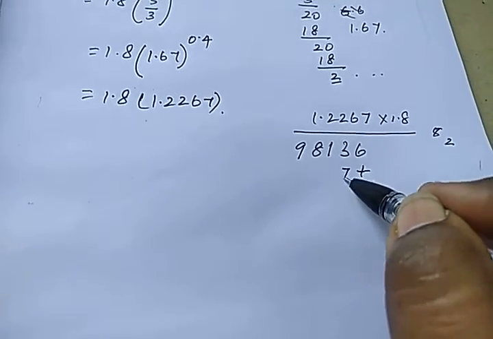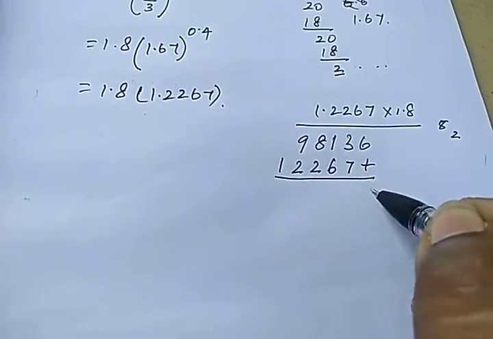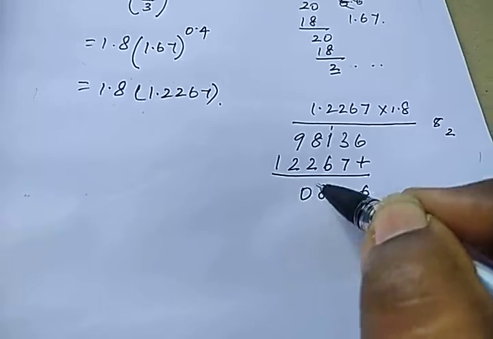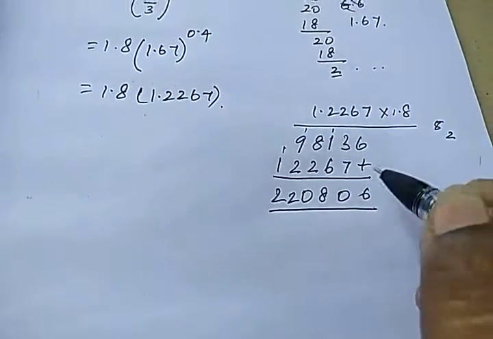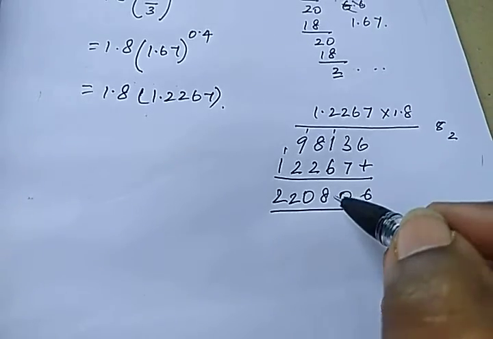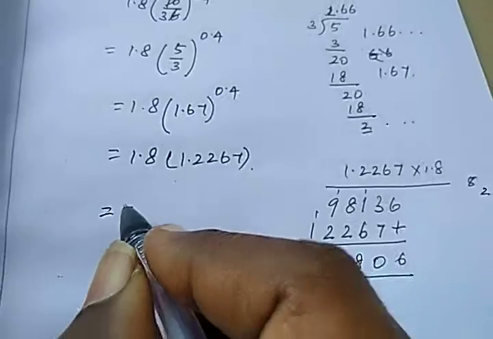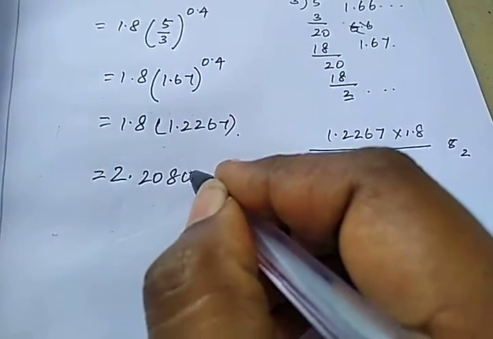Next line. 7 1 is 7, 6 1 is 6, 2 1 is 2, 2 1 is 2, 1. Now add it up. 10, 6 plus 1 7, 7 plus 1 8, 10, 9 plus 1 10, 12, 1, 2, 1 2 3 4 5, 1 2 3 4 5. So your answer is 2.20806.